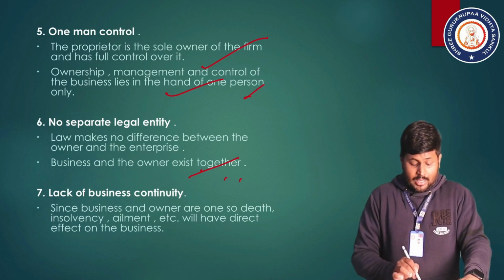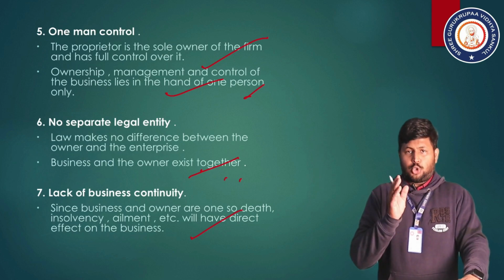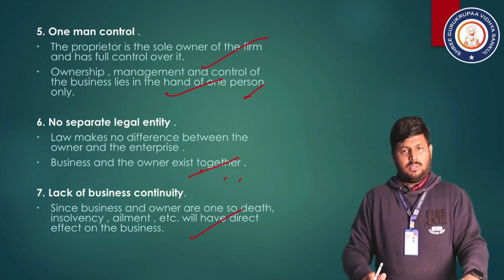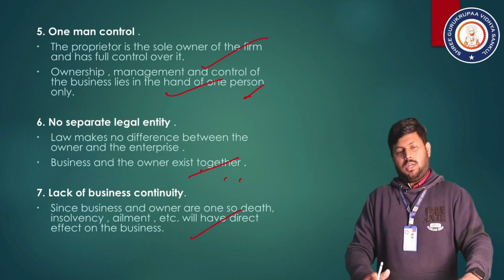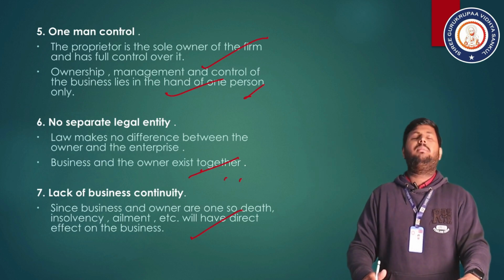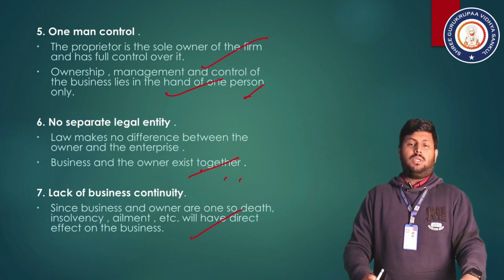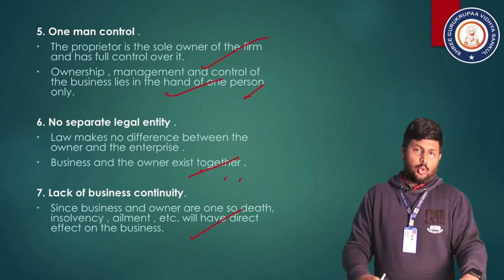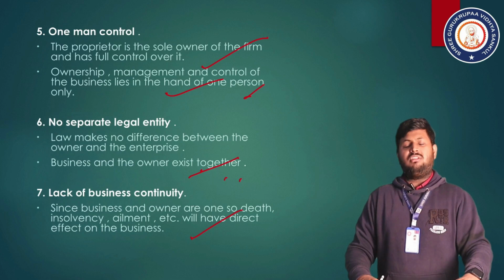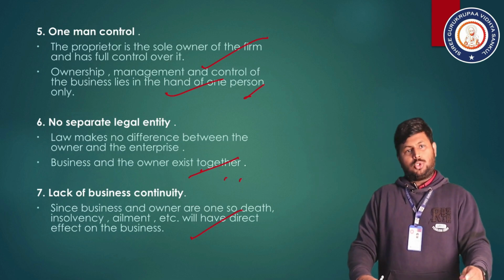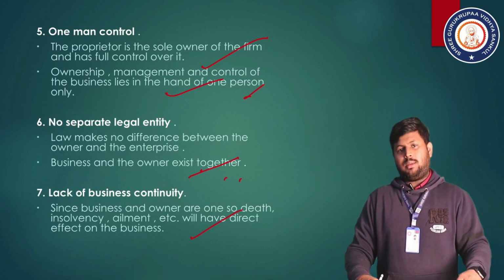As the sole proprietor is running the business wholeheartedly, if he becomes incapable of running it, then he has to close down, and many such businesses are getting closed down because of lack of a person to continue the business. So a sole proprietor business does not run for a very long period of time, it closes down in very quick time.